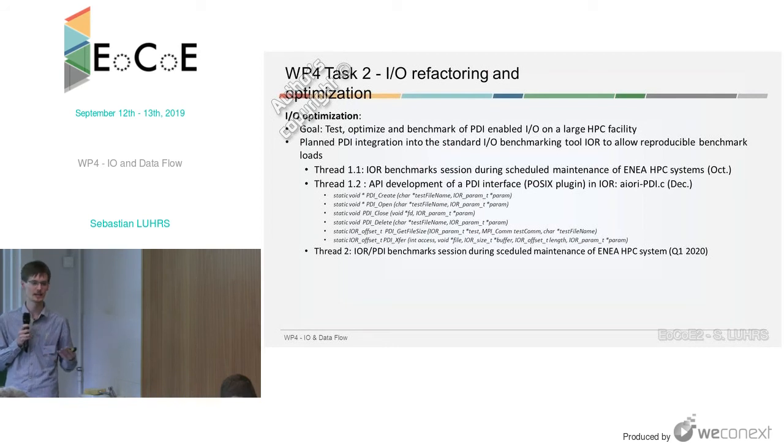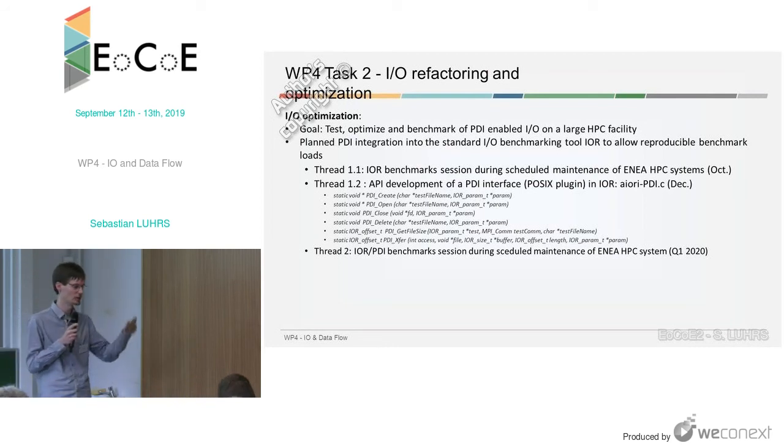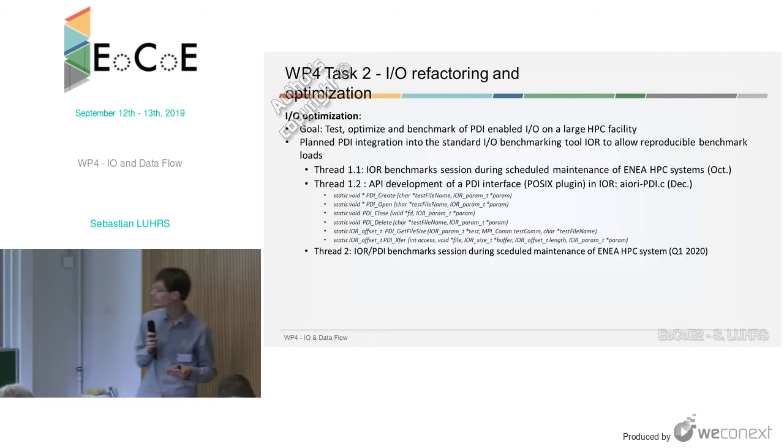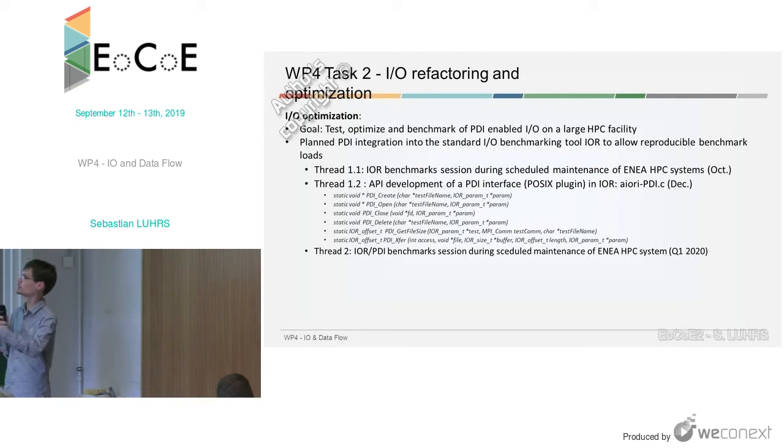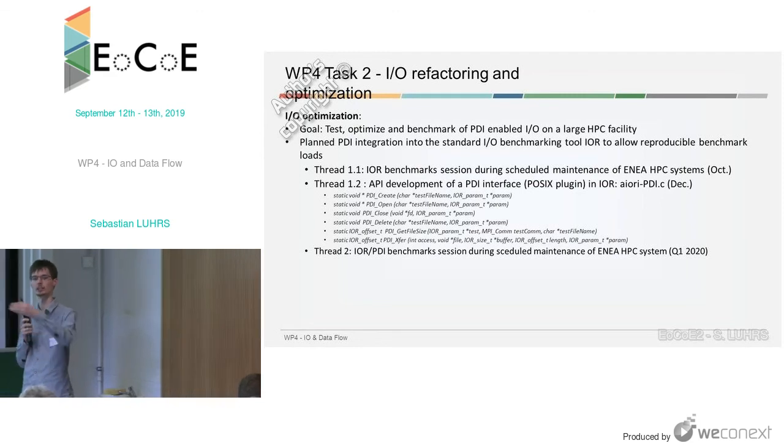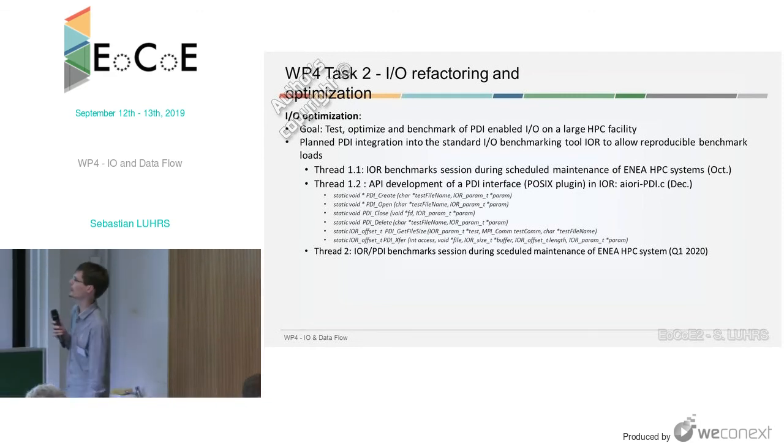And the best way to test is to have some sort of reproducible setup. So the idea, which can be easily done, is to integrate PDI also in IOR, which is a very well-known I/O benchmark used for nearly any I/O system procurement. We already used it in EoCoE to reproduce some of the patterns of the applications we have in EoCoE, and we use this as a test bed for all our PDI developments here.